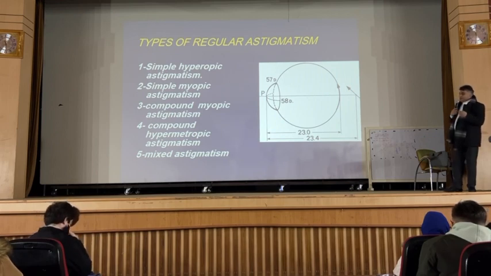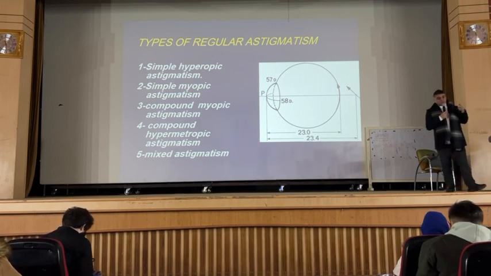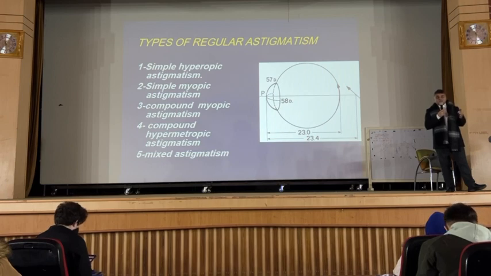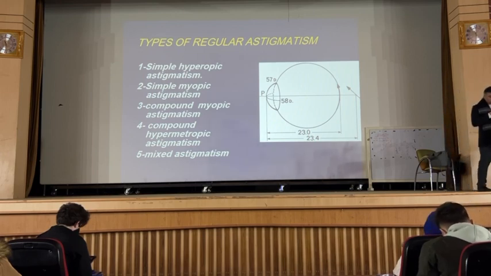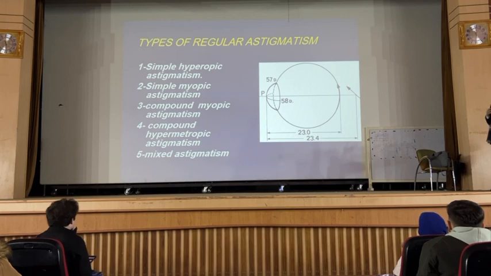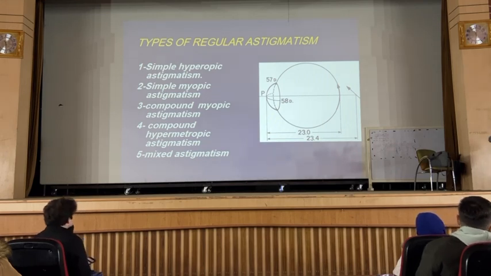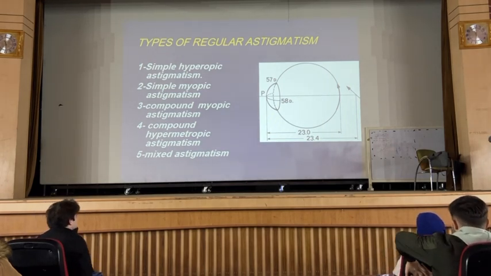Or compound myopic, but the curvature is not equal. The curvature of the cornea, vertically and horizontally, is less than normal in hypermetropia, while it is not equal. Or one axis is hypermetropic and the other is myopic. This is called mixed astigmatism.